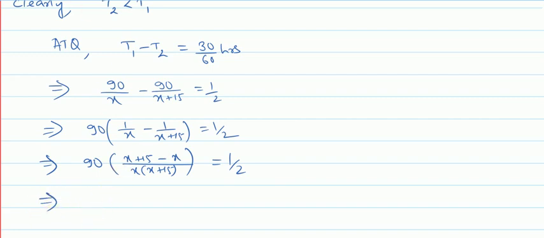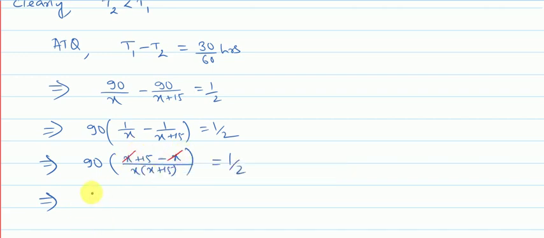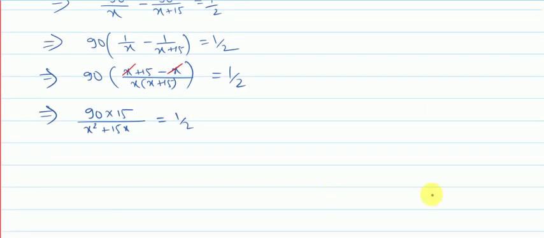Now you can see that x cancelled, yes, so you got 90 into 15, and down you get x square plus 15x, and half. Okay, now cross multiply, so you get 90 into 15 into 2 is equal to x square plus 15x.